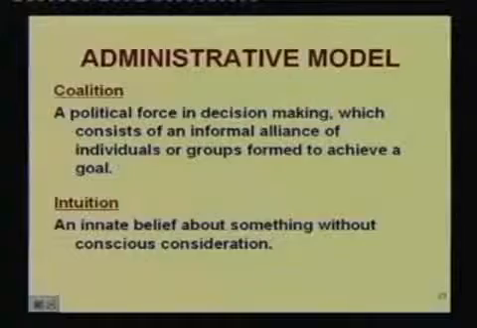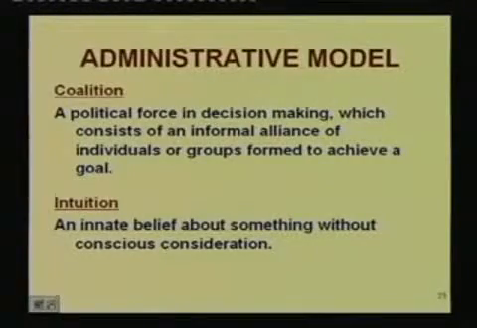Then coalition, a political force in decision making which consists of an informal alliance of individuals or groups formed to achieve a goal. So coalition can also be at play. What may happen is that a group of people or organizational units may force upon the corporate body, yes, we require more budget this time, right?